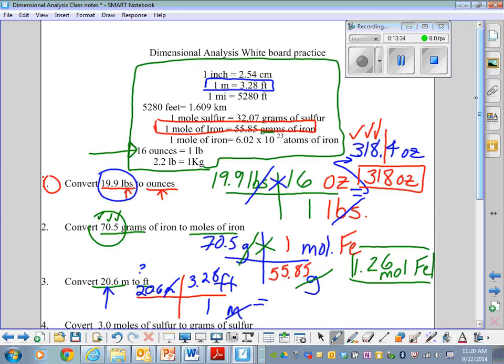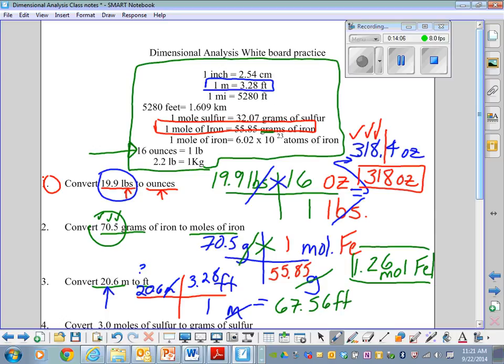Now, what is my next step, Christian? I have 20.6 and 3.28. What do you do with those two numbers? Multiply. So everybody at your seat, multiply those out. I'm going to have someone volunteer. Do you have an answer? 20.6 times 3.28 is 67.56.